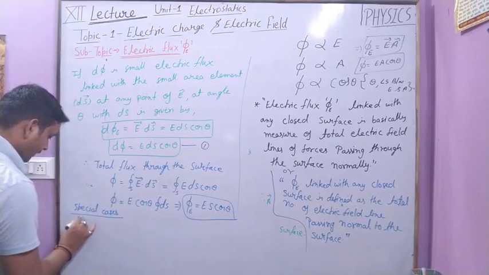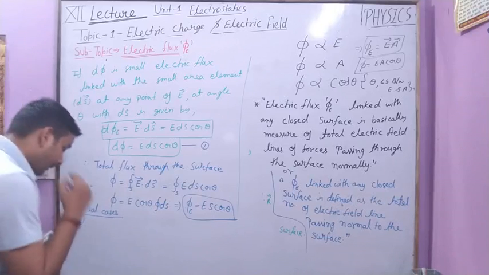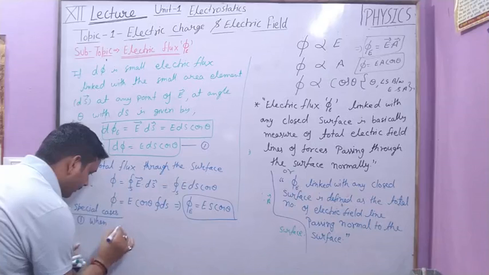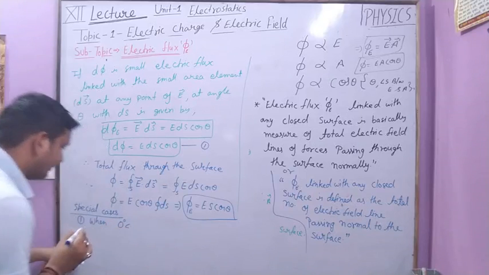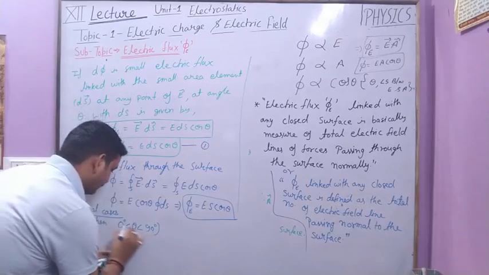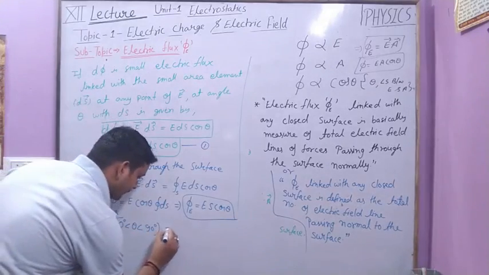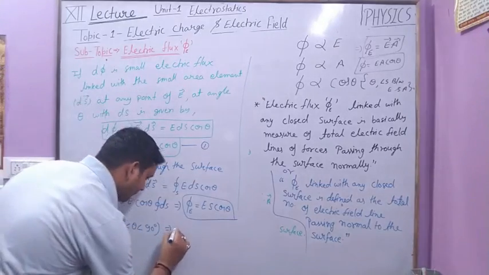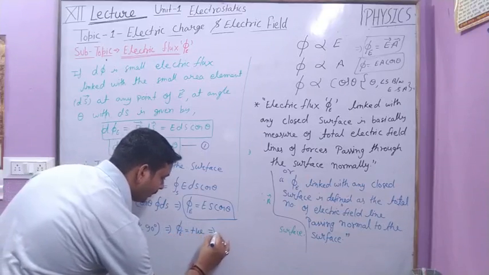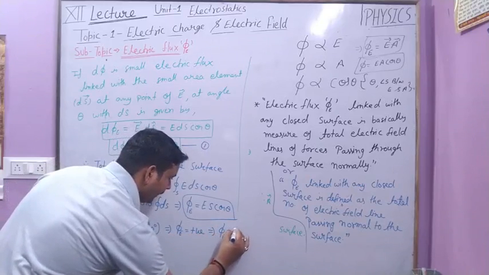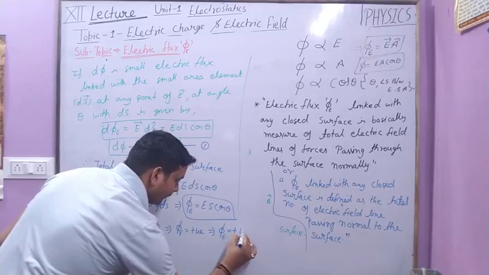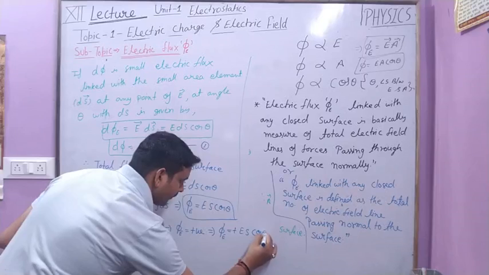Okay, first we have when theta is greater than 0 but less than 90 degrees. Then we get phi E positive, which is equal to ES cos theta.